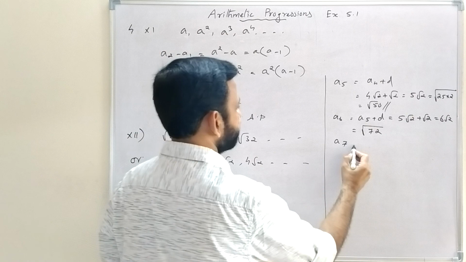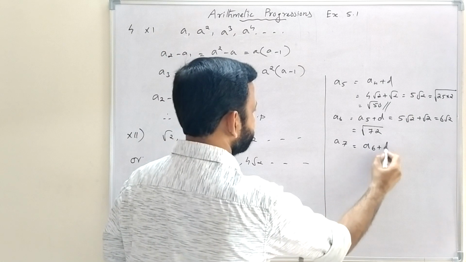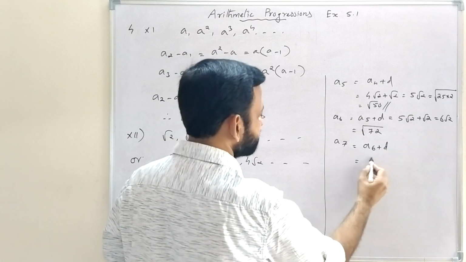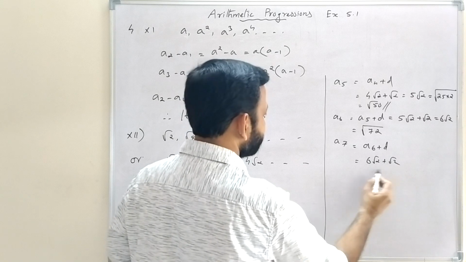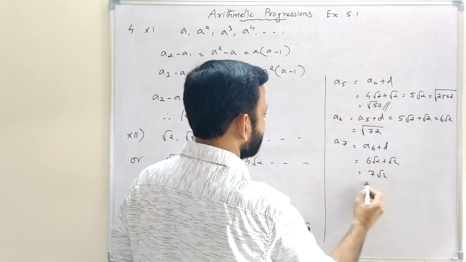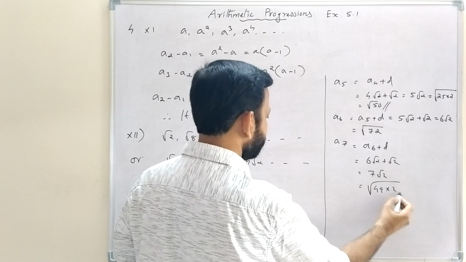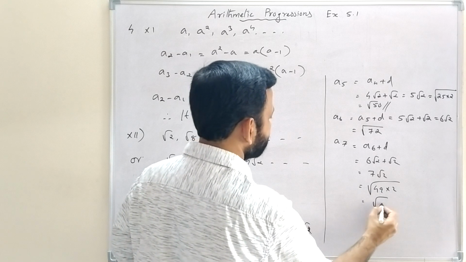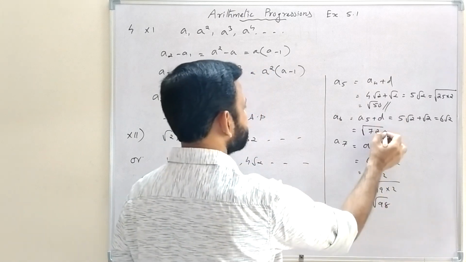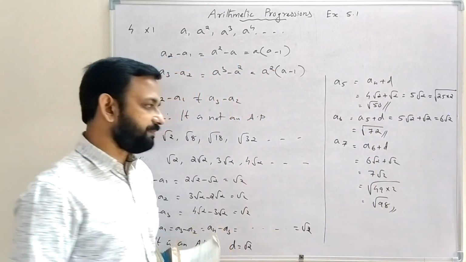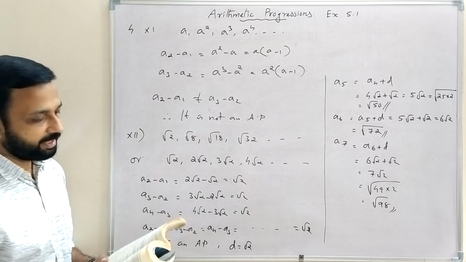Then A7 is A6 plus D, that is 6 root 2 plus root 2, that is 7 root 2, and when we take 7 inside, 7 squared is 49, into 2, that is square root of 98. So these are the next 3 terms: square root of 50, square root of 72, square root of 98.